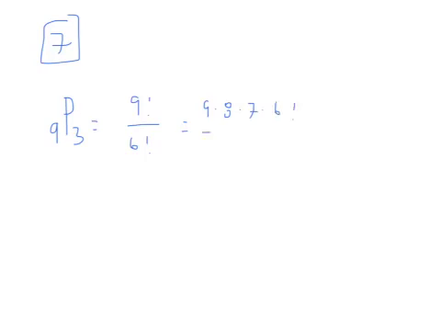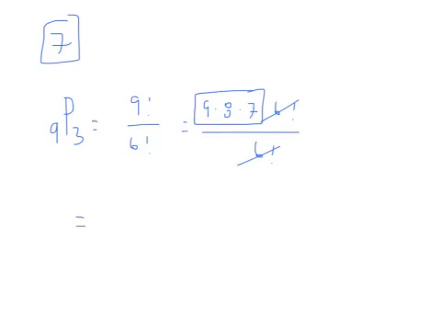Okay, in the seventh problem, there's a bunch of different parts. So we've got 9P3, which we can write as 9 factorial over 6 factorial, which would simplify to 9 times 8 times 7 times 6 factorial over 6 factorial.